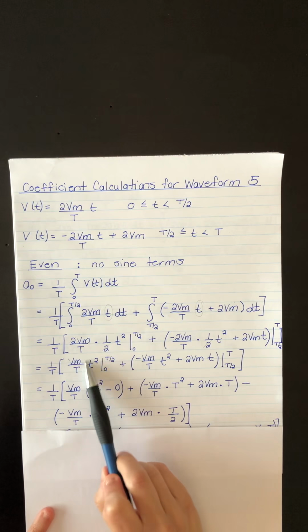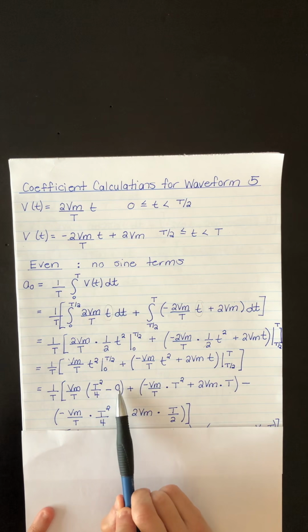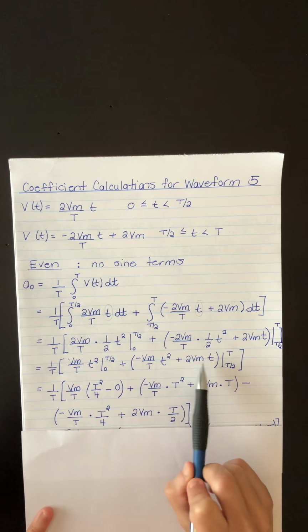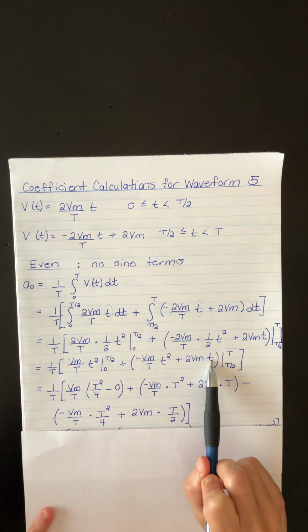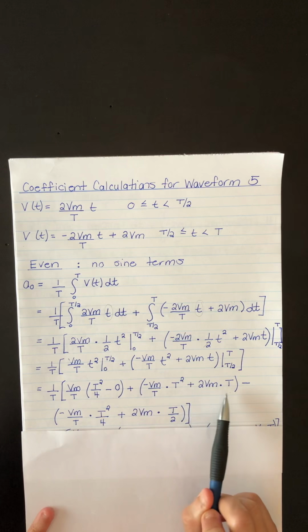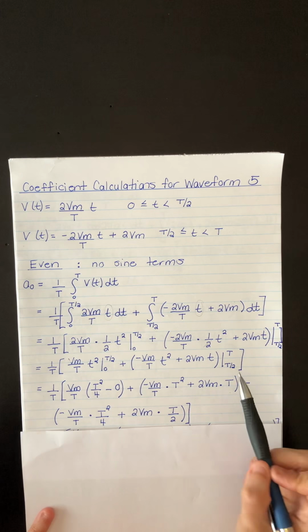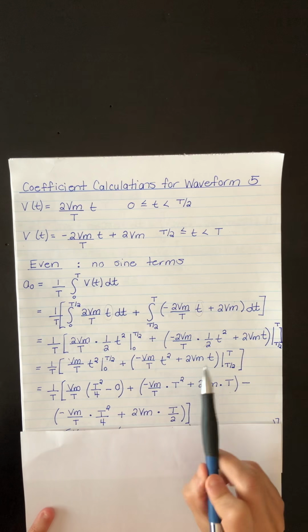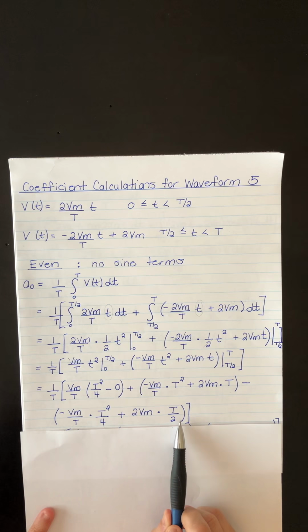Okay, so right here we get t squared over 4 minus 0, upper limit minus lower limit. This is a binomial, so first capital T is substituted here, and that's shown within this bracket. Subtraction, now the lower limit of capital T over 2 is substituted here and here inside of this bracket.